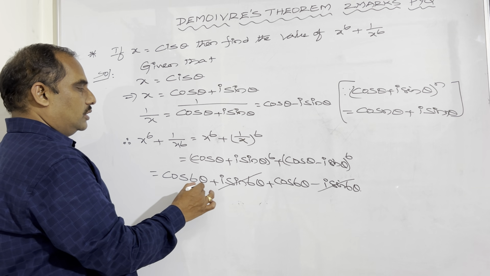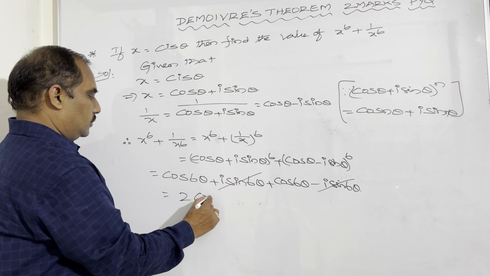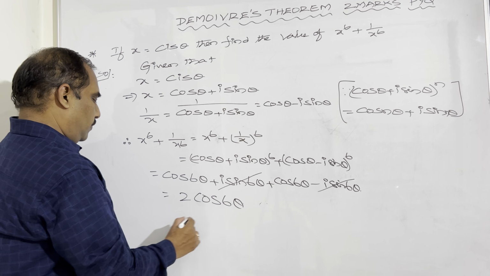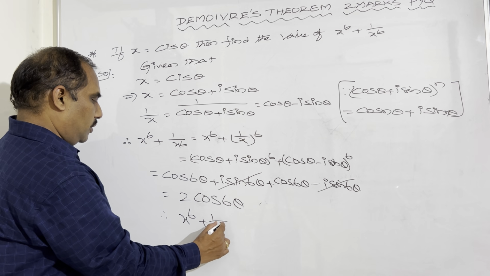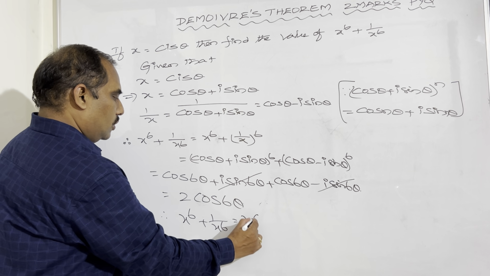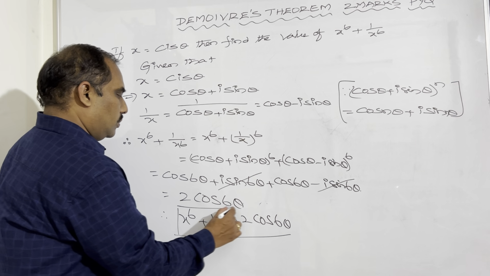We have cos 6 theta plus cos 6 theta, that is 2 cos 6 theta. Therefore x power 6 plus 1 by x power 6 is equal to 2 cos 6 theta. So like this we can prove.